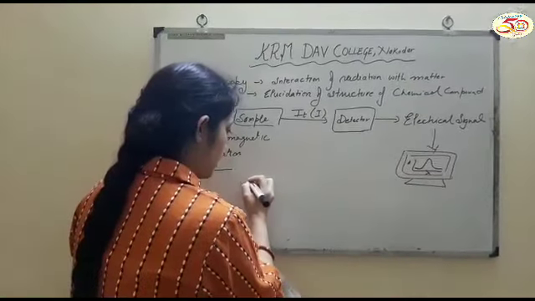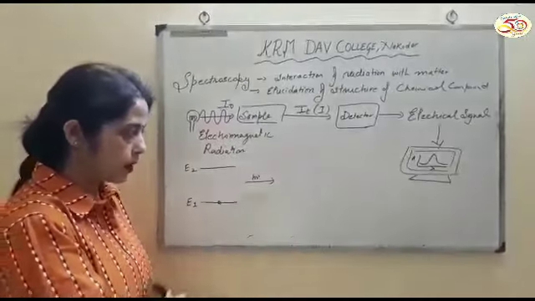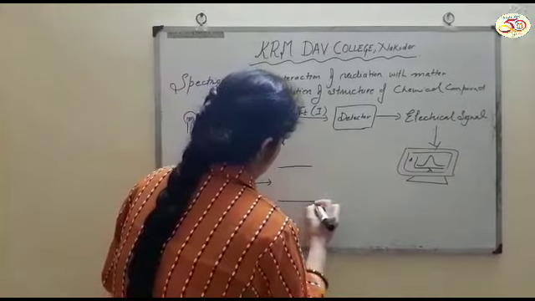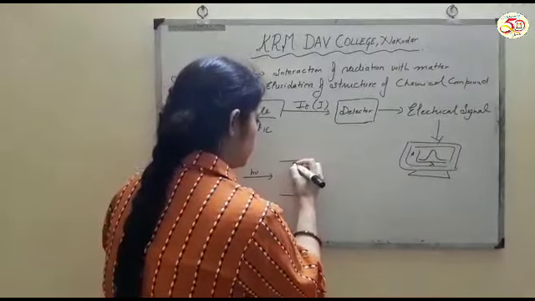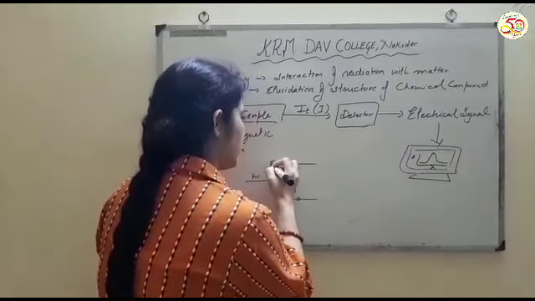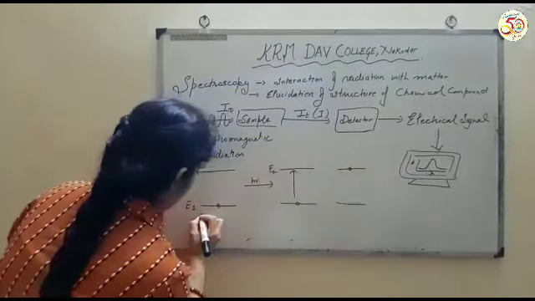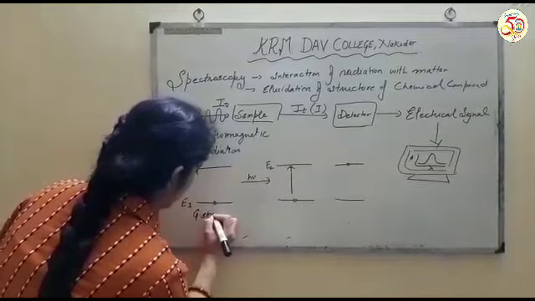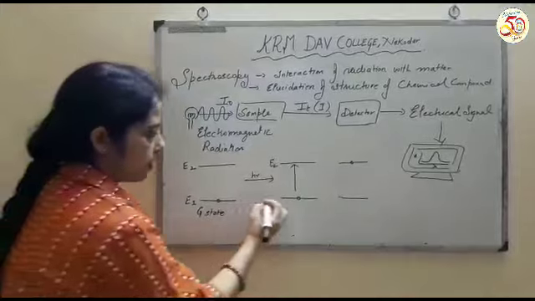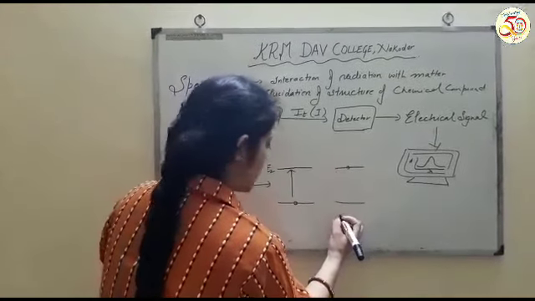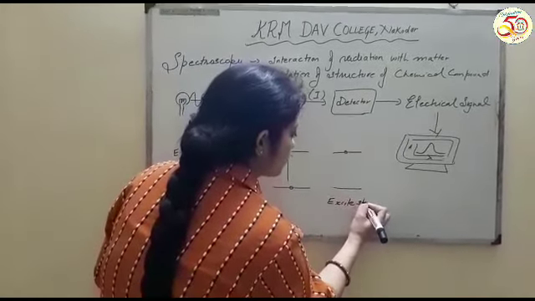But when we provide energy in the form of quanta according to Planck's quantum theory, that electron gains energy and gets excited to a higher energy level. When the electron is present in the lowest energy state, that is called the ground state. When the electron gets excited to the higher energy state, that is called the excited state.